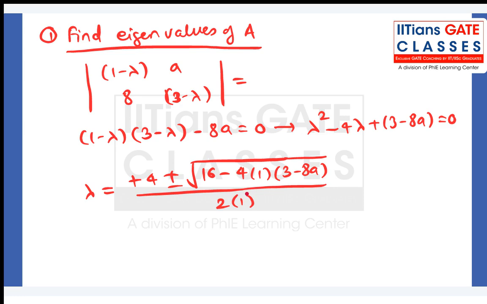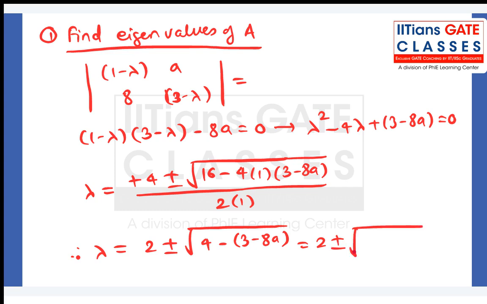What I can do here is take 2 common from the numerator and denominator and cancel it out. So it becomes 2 plus minus, you take 4 common, right? So you'll remain with 4 minus 3 minus 8A. That essentially means 2 plus minus square root of 4 minus 3, which is 1 plus 8A. So these are your 2 eigenvalues.